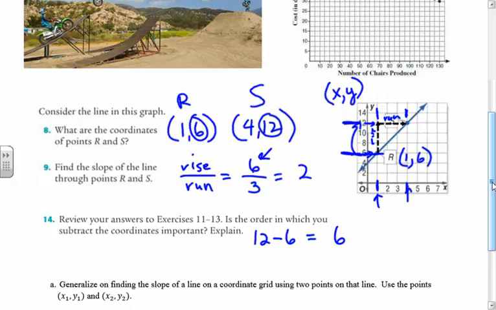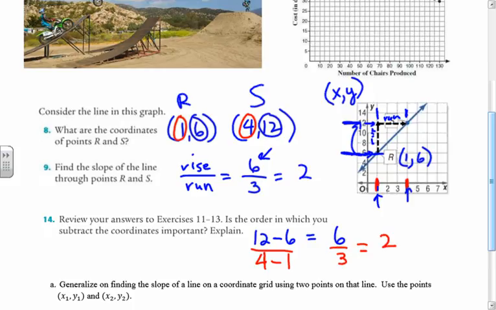And then likewise, if you look at the x-axis between these two points, that's your run, and you can get that just by subtracting the two x values, the 4 and the 1, which is 3. And then just dividing those and you get 2.